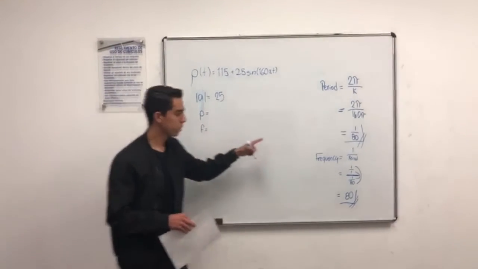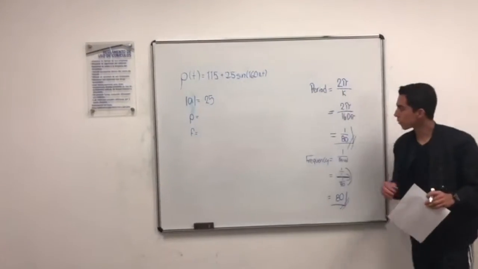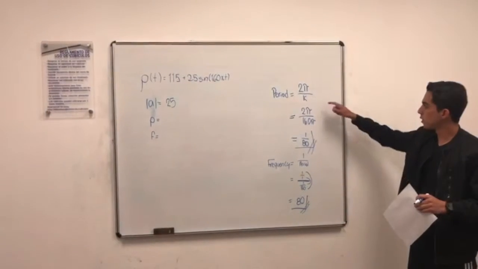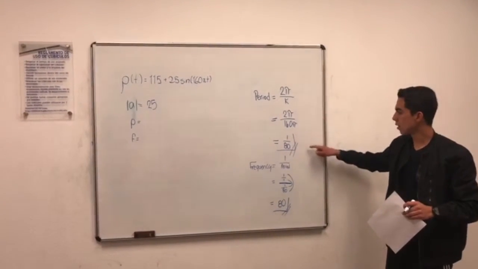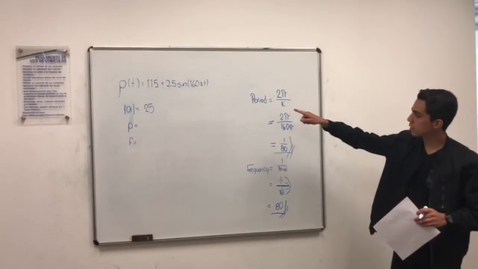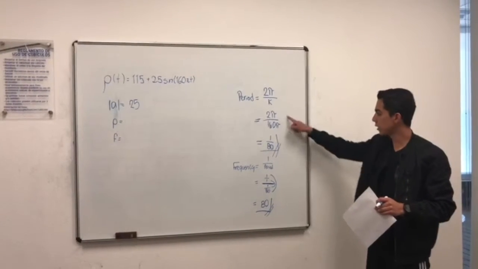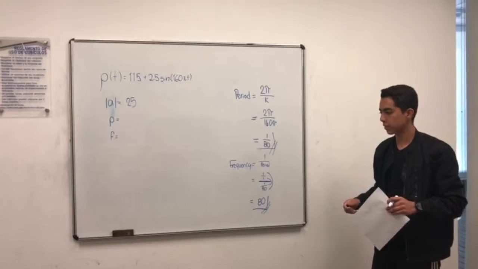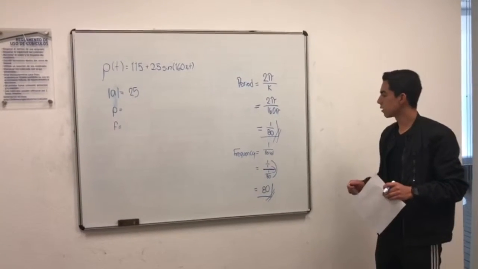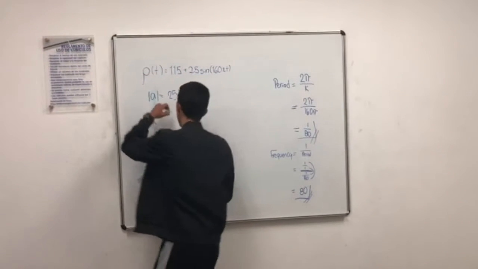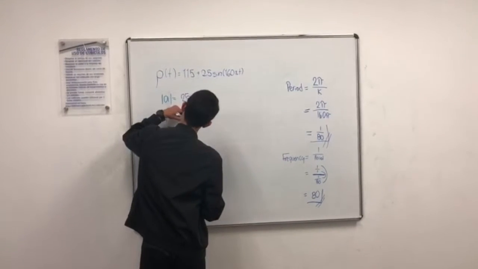Then the period: to find the period, we need to divide 2π over k. K in this case is 160π, so we divide it, and we have that the period is 1/80. Let me write it. 1/80.